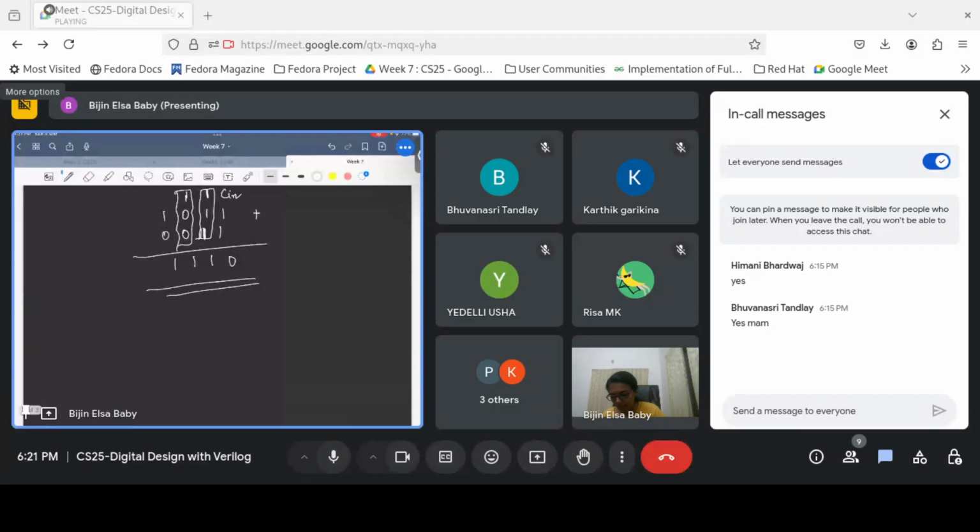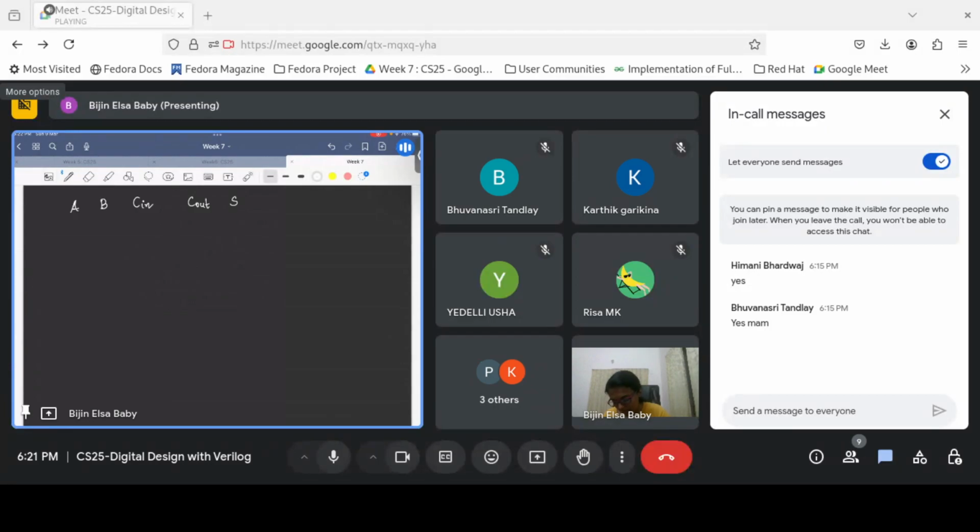So next we are moving to the full adder. There you can take 3 inputs: A, B, and C in, that is the carry in. You will have carry out and you will have sum.